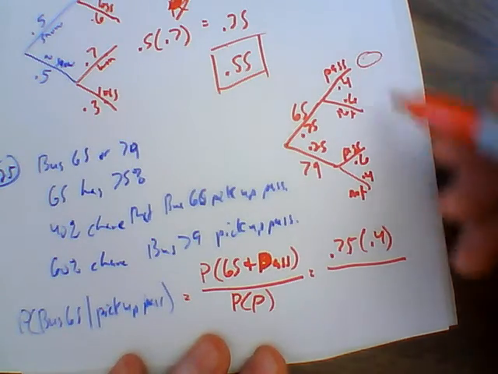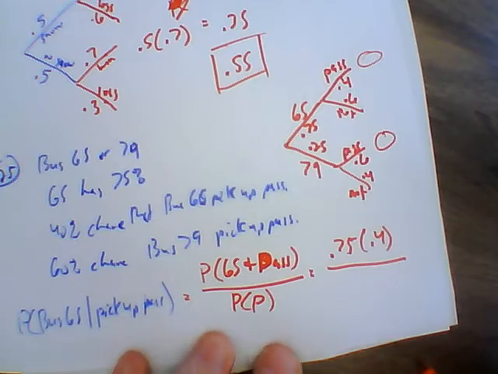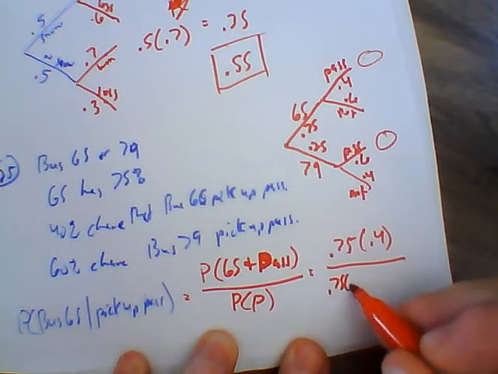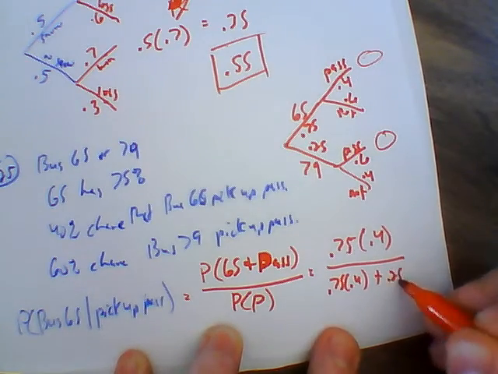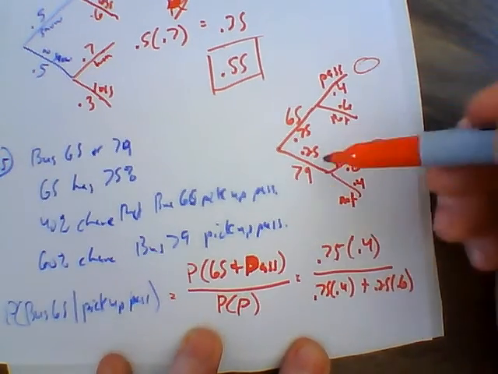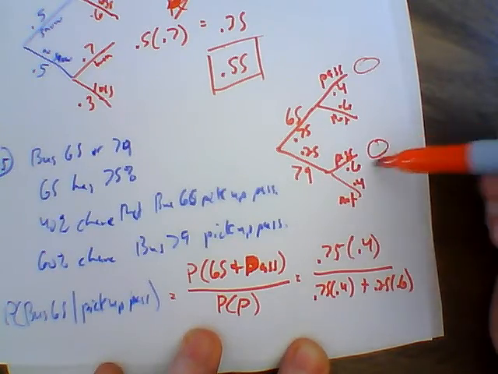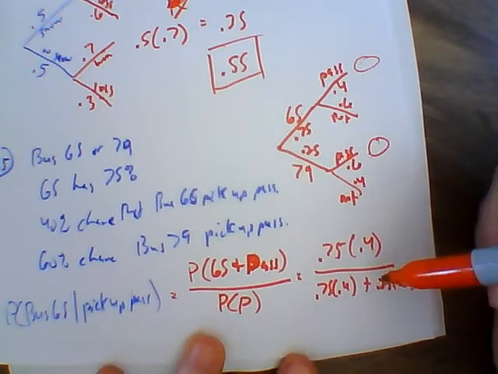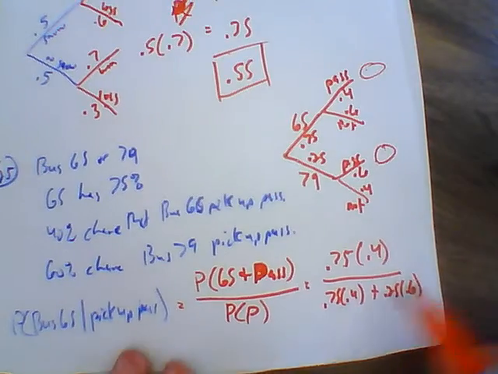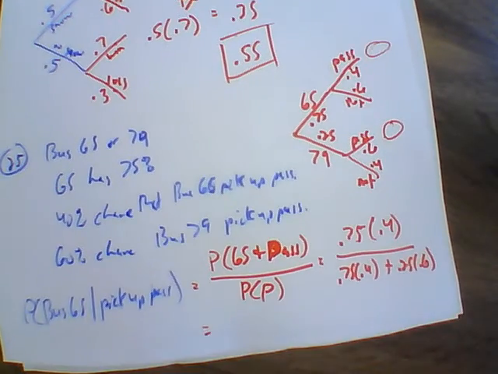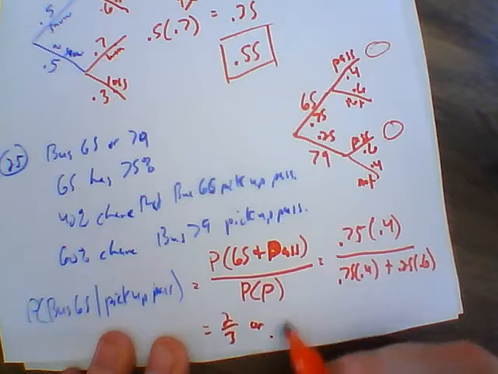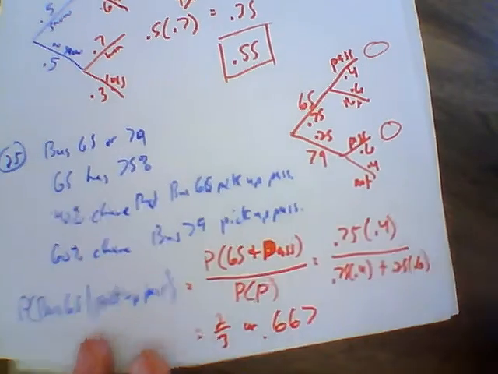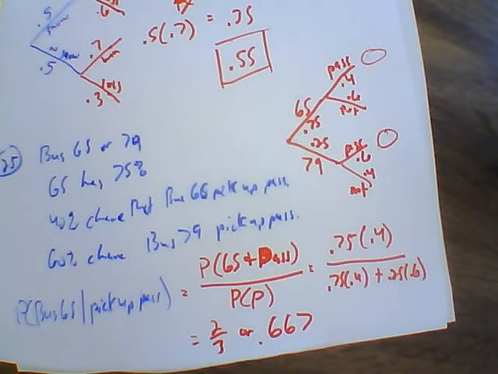So passengers happen here, passengers happen here. So we're going to have to take that 0.75 times 0.4 plus, because it's or this part down here, 0.25 times 0.6. Once again, multiplying my probability to get to just having passengers. Simplifying this, once again, this is just a calculator operation, we would see that we would have 2/3, or you'd have 0.667 basically happening here.